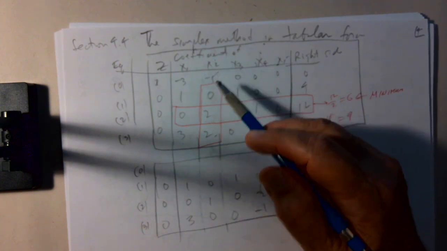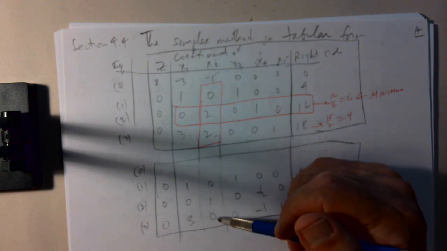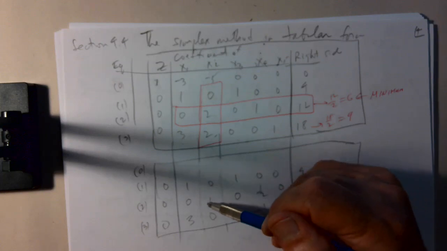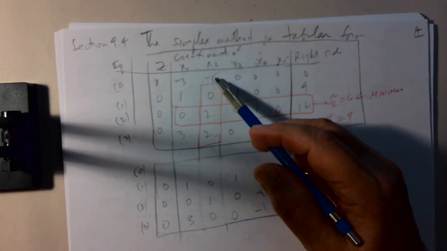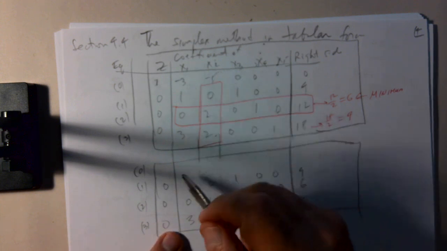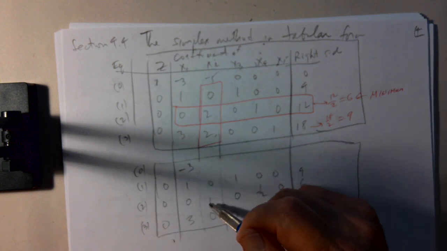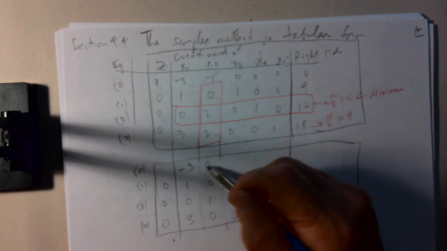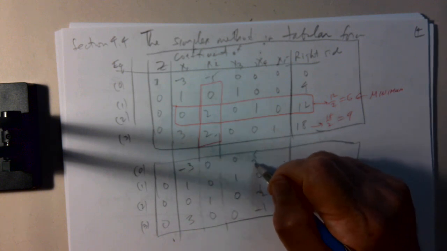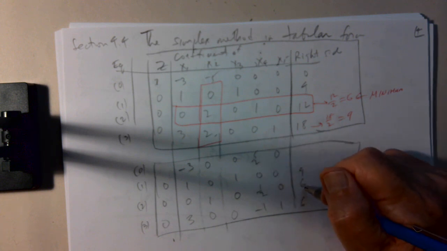And I want to get a 0 here. So I can multiply this row by 5 and add to this row. So 0, minus 3 is minus 3. 5 minus 5 is 0. 0 and 0. 5 halves. 0. 5 halves of 6.